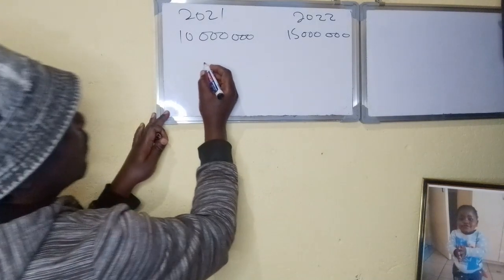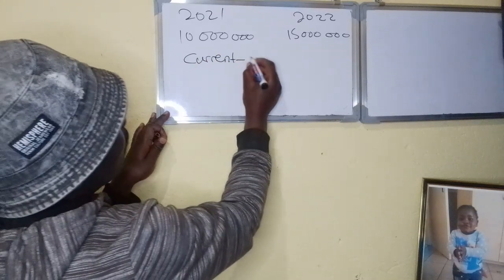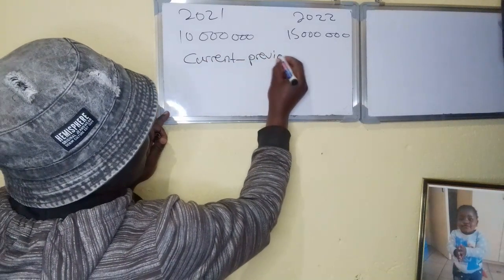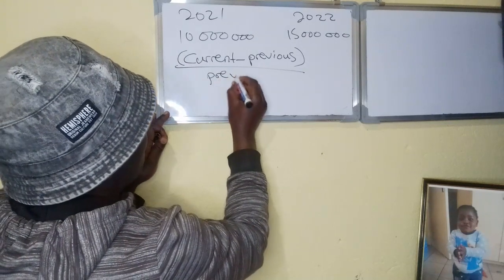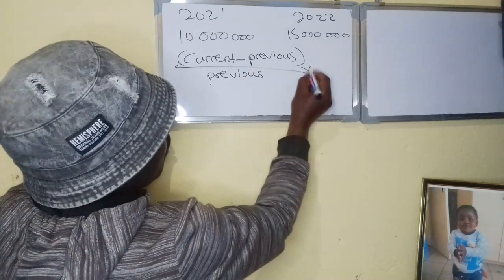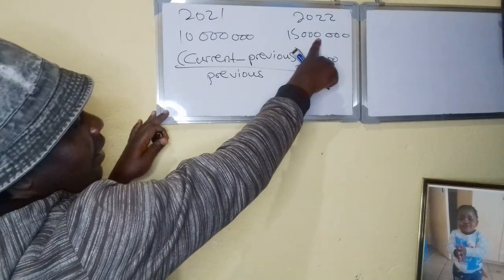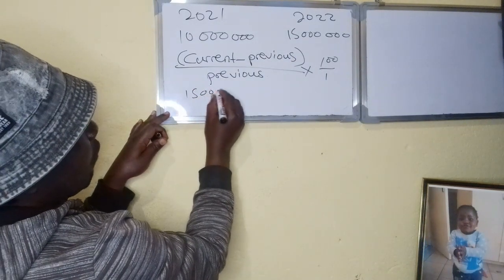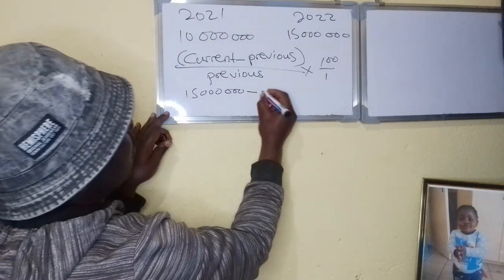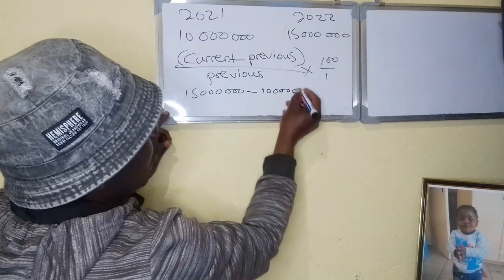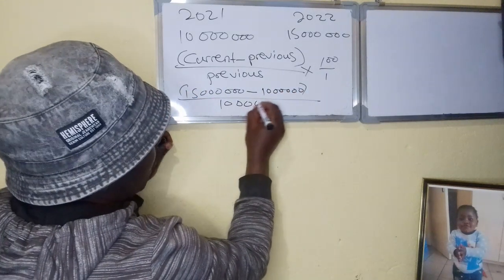So the answer is current minus previous over previous times 100 over 1. Which one is current? 15 million. Which one is previous? 10 million.